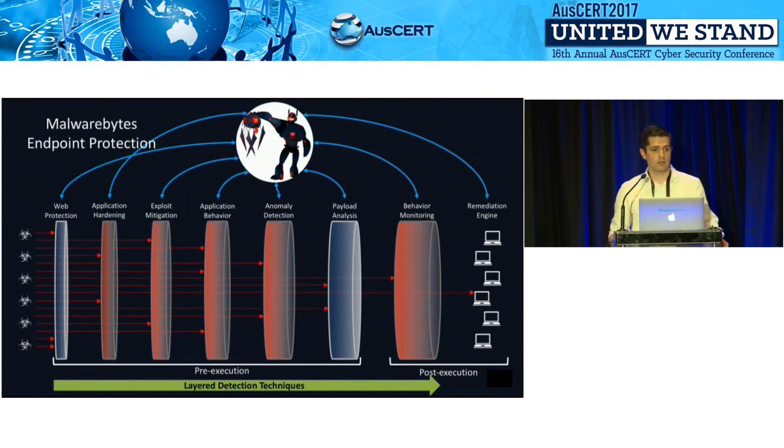We think it's a good part of a solid strategy, but at this point we still believe there's significant value derived from human analysis and also behavioral analysis guided by human inspection of malware.